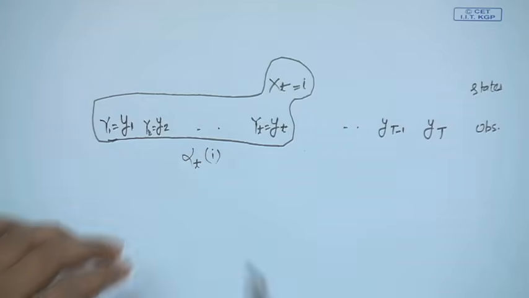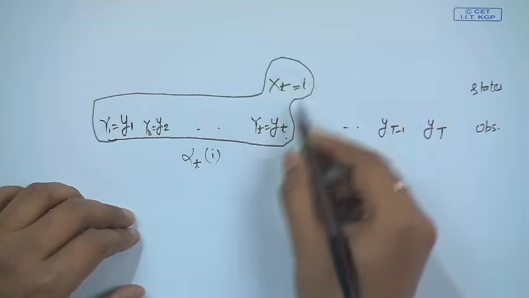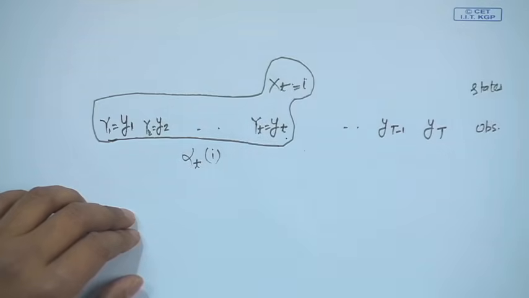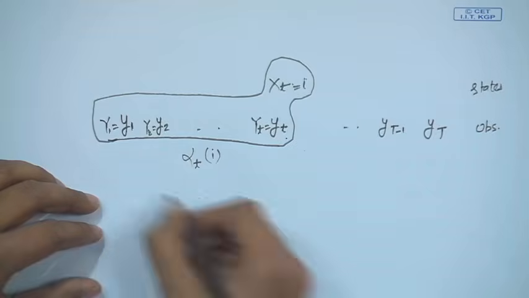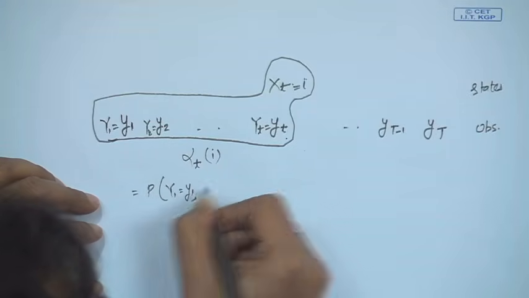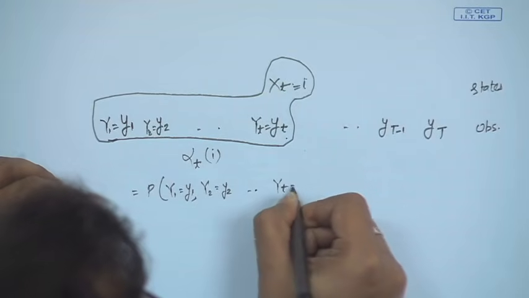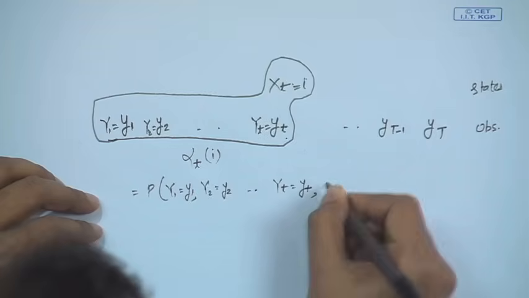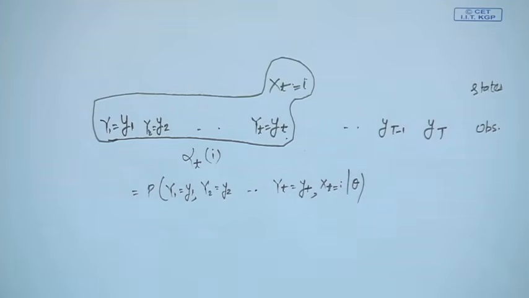The probability that I am observing y1 to yt and at the tth point the state is i given my parameters theta. Okay. Y1 is equal to small y1, y2 is equal to small y2, yt is equal to small yt and xt is equal to i given parameters theta. This is my forward probability.